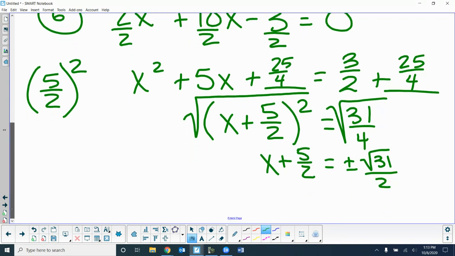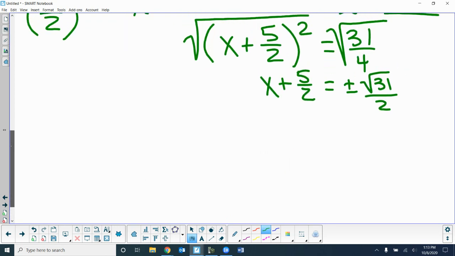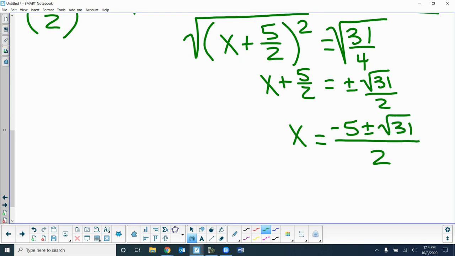So you can, if you want, when you subtract 5 halves, leave it negative 5 halves plus or minus the square root of 31 over 2. I like to, since they're already both 2's, make it one fraction. Just put over 2 and go negative 5 because I'm subtracting it, plus or minus square root of 31 over 2. But either way, if you keep it separate or make it 1, it's acceptable.